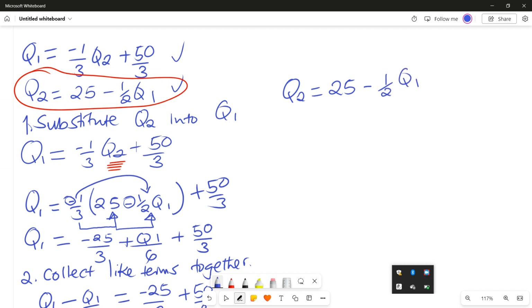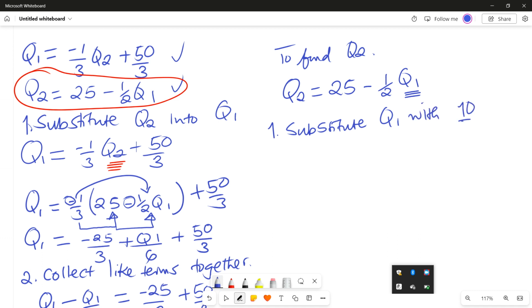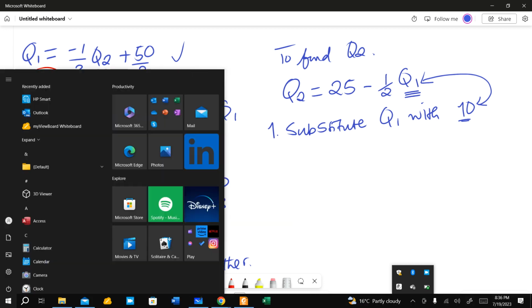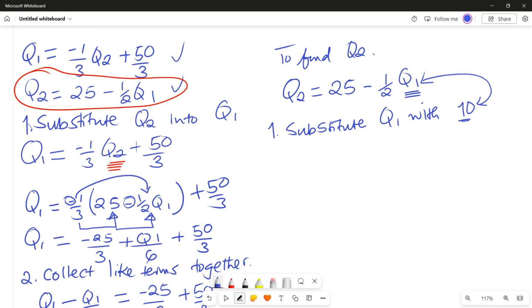Since we know what Q1 is, to find Q2, step number 1, substitute Q1 with the 10 we found. Where there is Q1, we put the 10, because this firm produces 10 units from the first plant.